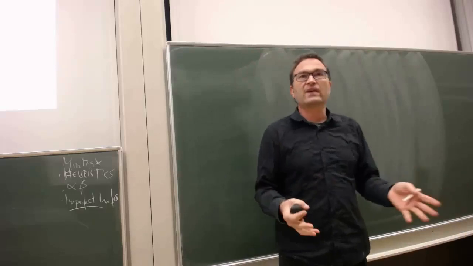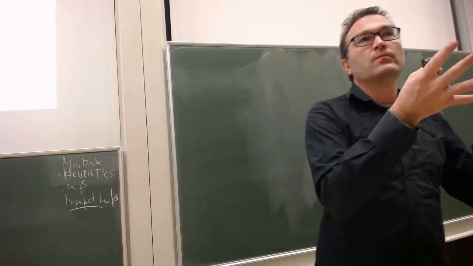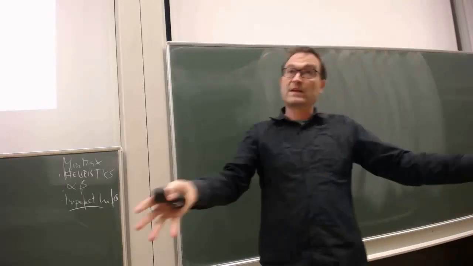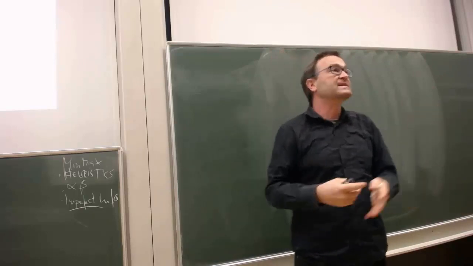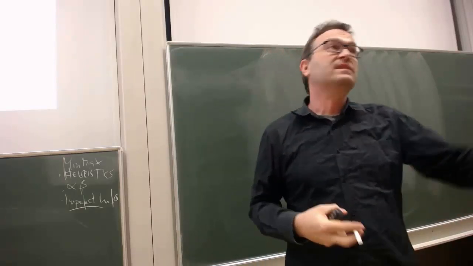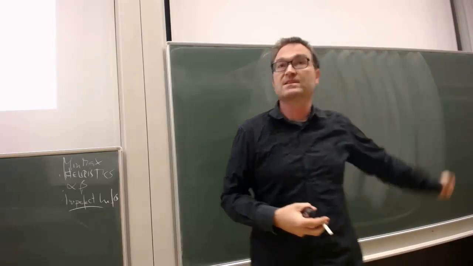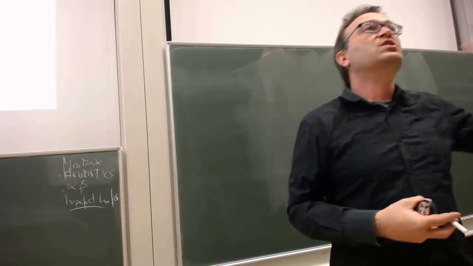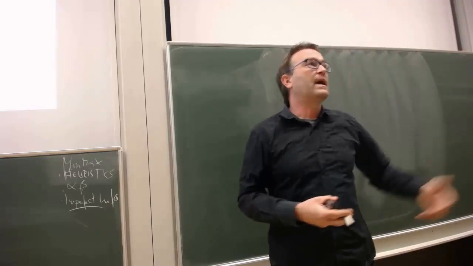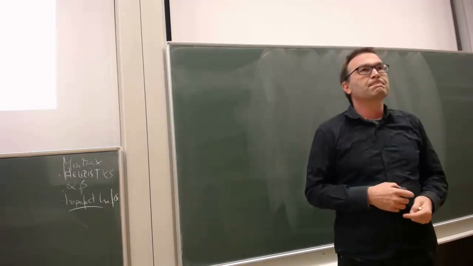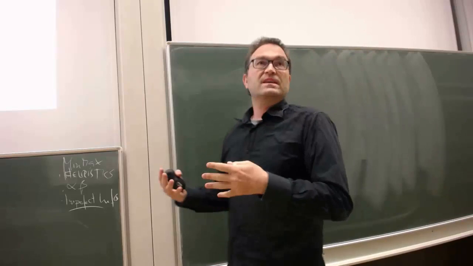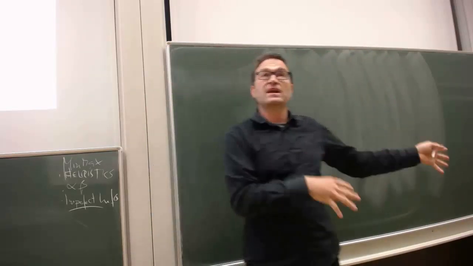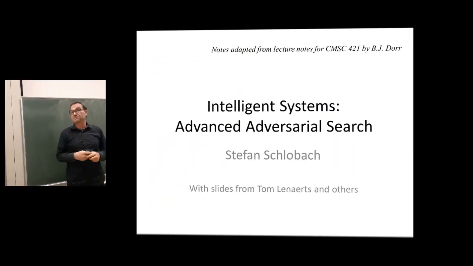We put nodes that we could get to by some actions and transitions from a state to a next state in a list or in a queue, and then we worked systematically through this queue to check whether one of them was a solution or not. The different data structures that we used gave us different search behavior. So that was the first lecture.